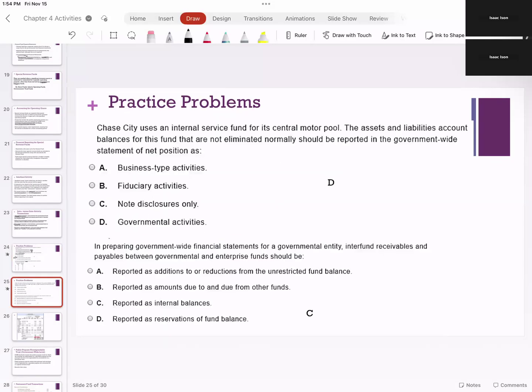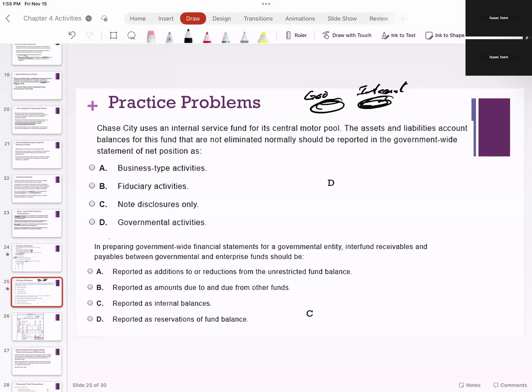Chase City uses an internal service fund for its central motor pool. The assets and liabilities account balances for this fund that are not eliminated normally should be reported in a government-wide statement of net position. Okay, so basically this is the government paying or getting charged. So you have the government and then the internal service fund, which is the government itself, right?